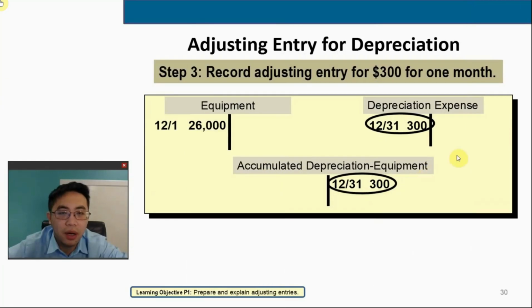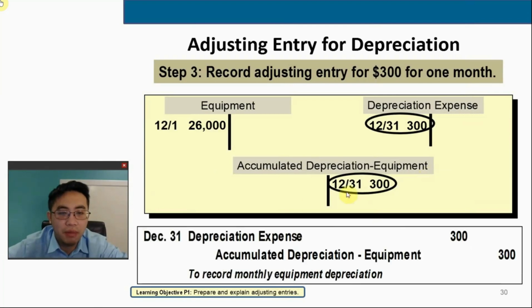All right, and now after we have done these journal entries, we can put it right here: depreciation expense, debit, and the cumulative depreciation resulting from this expense incurred on the value of equipment is 300, all right? So that's 300.